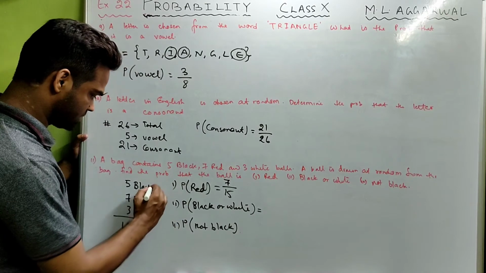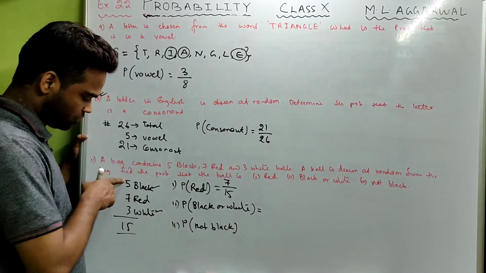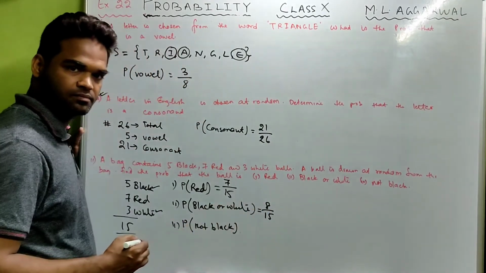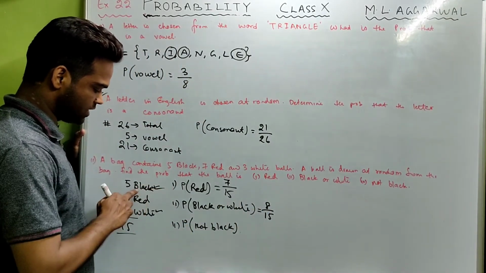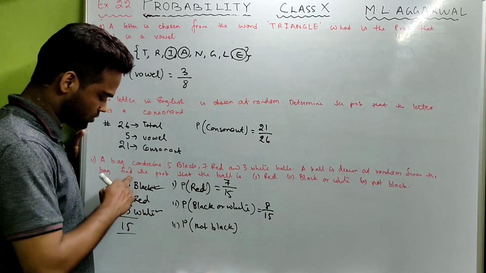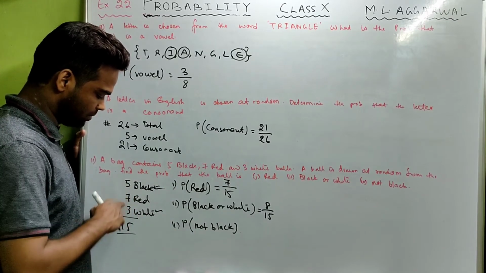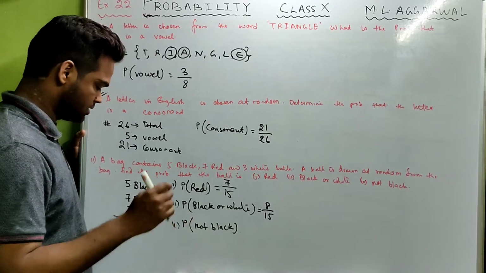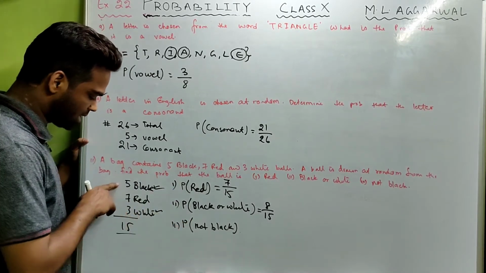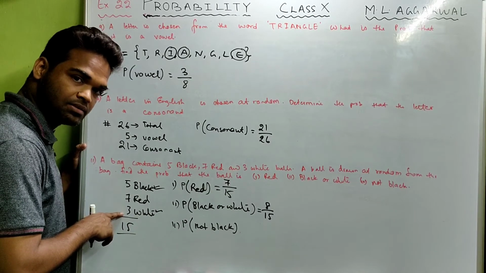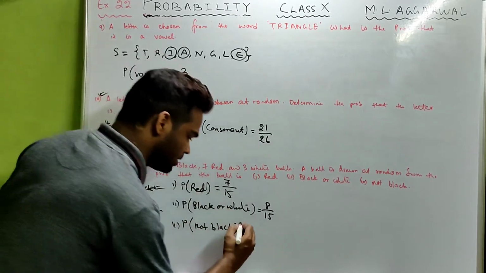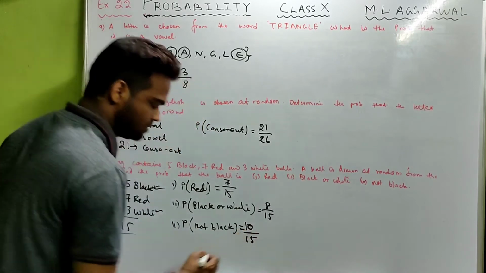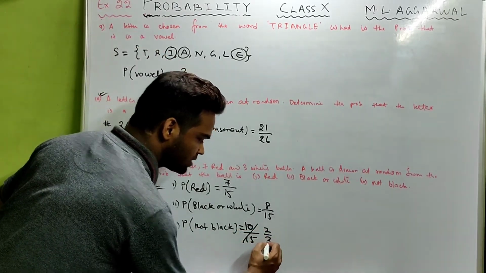Black or white, which means either black or white. So the favorable outcome will be 8 by 15. The condition is satisfied even if it comes black or white, so the total number of favorable outcomes will be 5 plus 3. Okay. Not black. Not black means red or white, which is 7 plus 3, 10. So the number of favorable outcomes is 10 by 15, so that's 2 by 3.